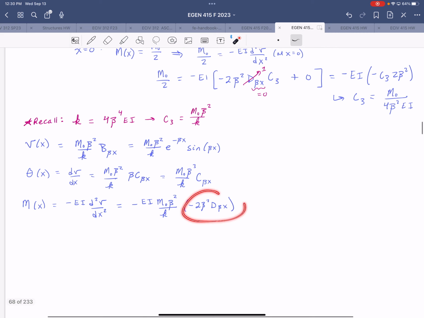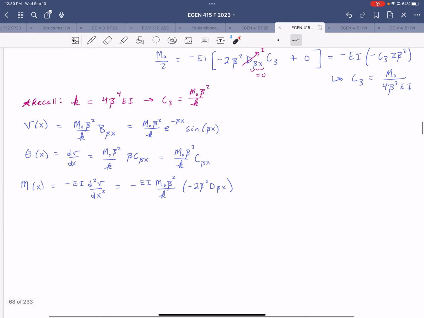So this is the relationship between the second derivative of B and D. And then for shear, that's the third derivative of deflection.